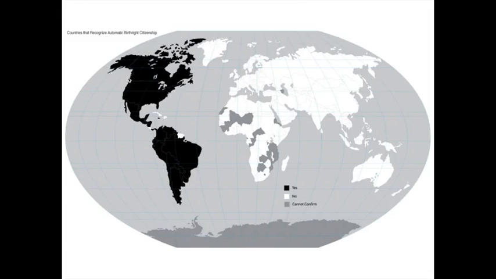This map of the world demonstrates countries that recognize jus soli and countries that recognize jus sanguinis. And as stated here, countries that recognize automatic birthright citizenship, those are the countries with the black designation.